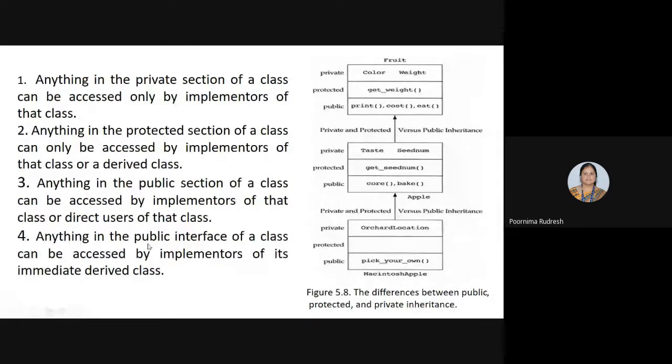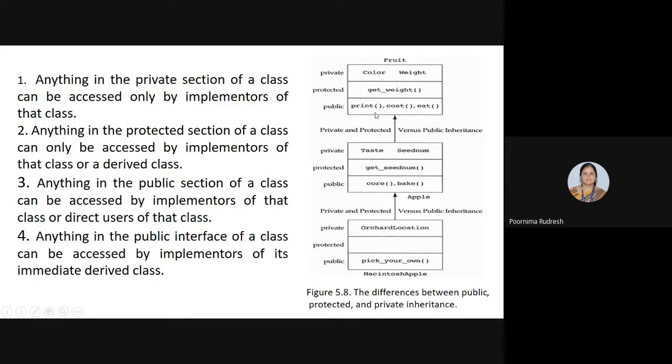Anything in the public interface of a class can be accessed by implementers of its immediate derived class. So the fourth point says that anything in the public interface of a class can be accessed by implementers of its immediate derived class. So according to point 4, whatever is declared in the public area of that particular class.